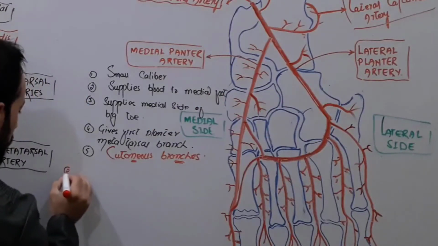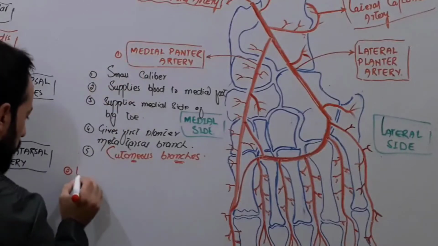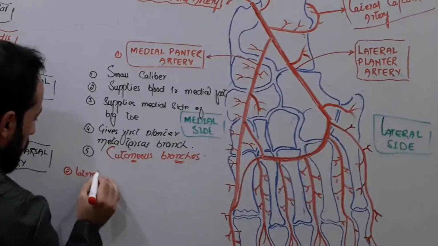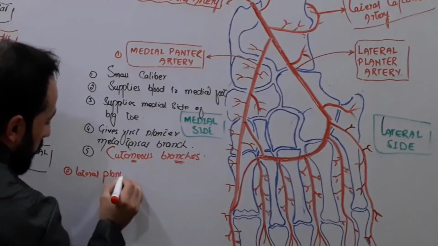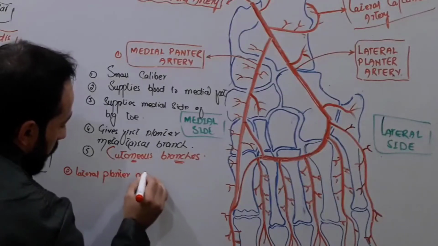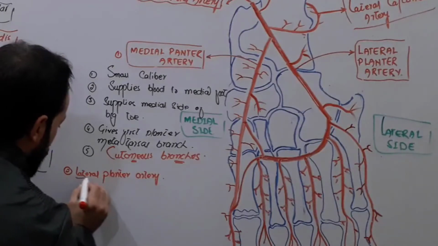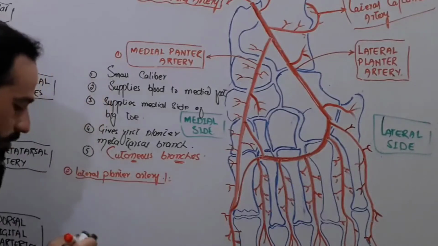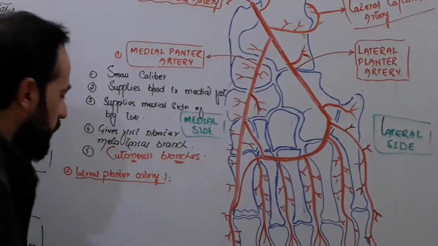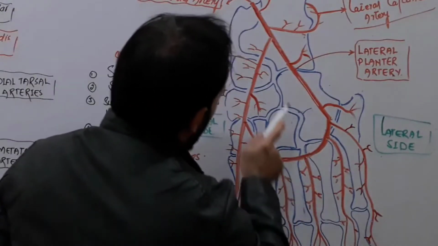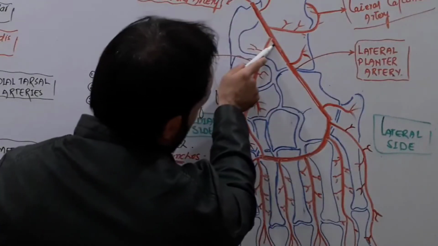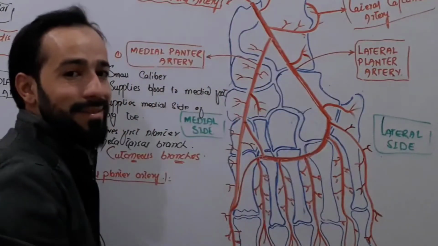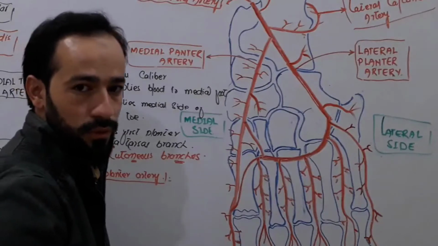So the second branch is the lateral plantar artery. Clear, friends? We should know some important points regarding this artery. Look, friends, this lateral plantar artery is also known as the external plantar artery of the foot, right?